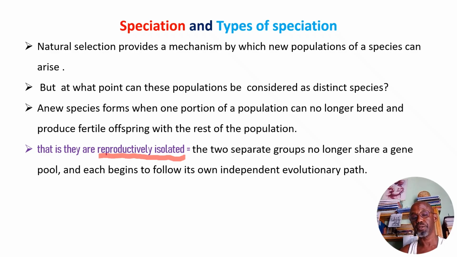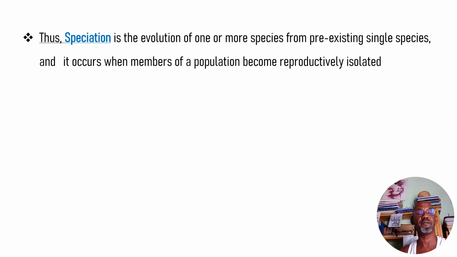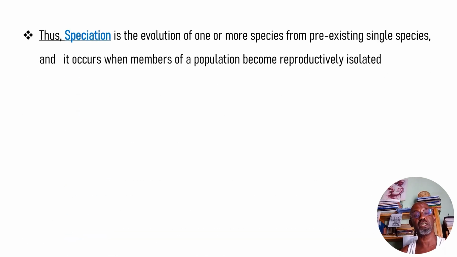Therefore, this is the concept of speciation. A new species is formed from the pre-existing one. How can we be sure that the new species is a new species? The new species will not reproduce with the previous one. Therefore, we say they are reproductively isolated. Thus, speciation is the evolution of one or more species from a pre-existing single species, and it occurs when members of a population become reproductively isolated.